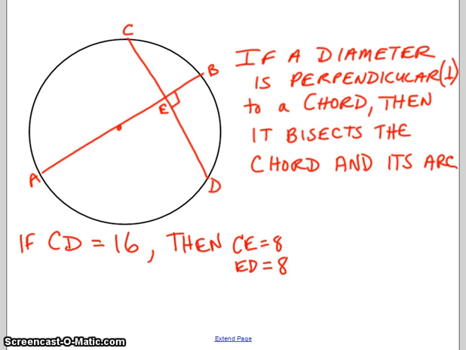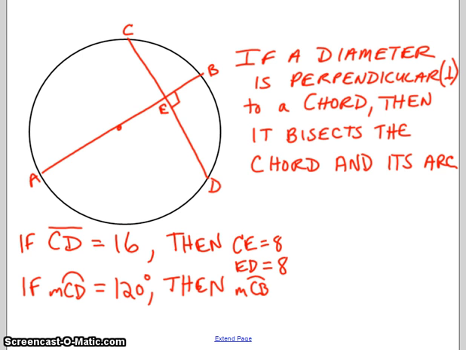Okay, but also if the measure of arc CD is 120 degrees, then measure of arc CB is 60 degrees, and the measure of arc BD is 60 degrees. Alright, because they're both bisected.